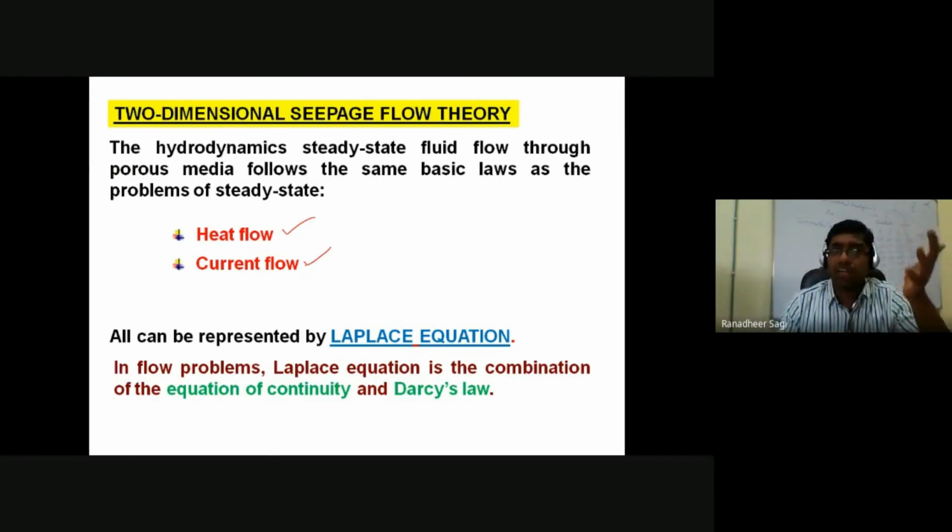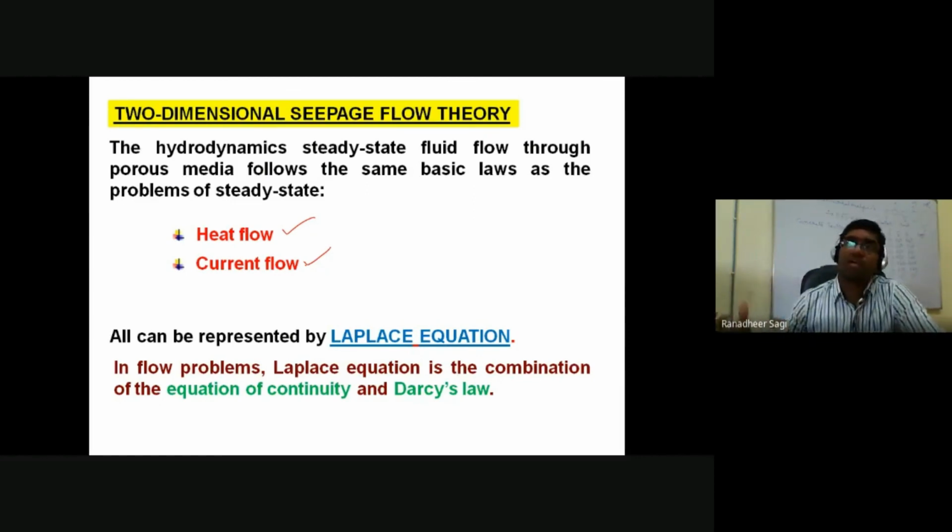Similarly, current flow also takes place from higher potential to lower potential. In a similar way, the hydraulic flow we are talking about will also happen in a similar manner, from a higher head value to a lower head value.